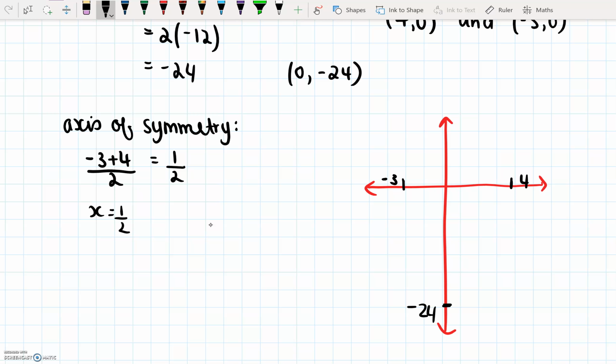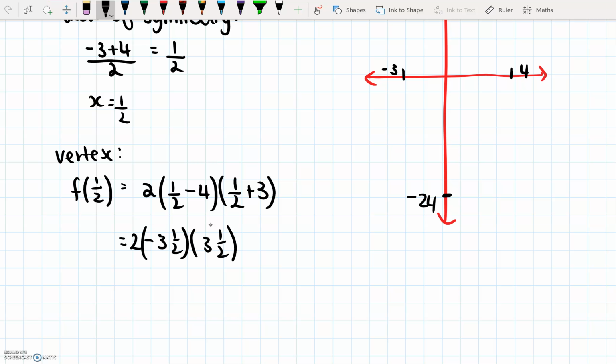A half minus 4 is -3.5, and a half plus 3 is 3.5. So 3.5 times -3.5 is equal to -12.25. So it's 2 times -12.25, which is equal to -24.5.